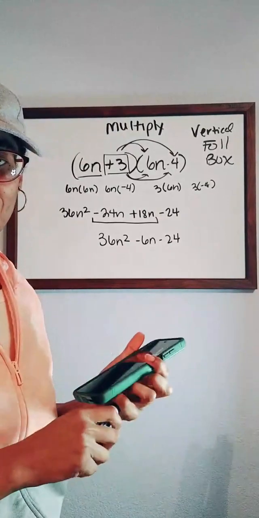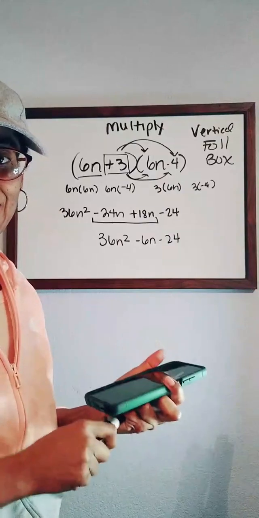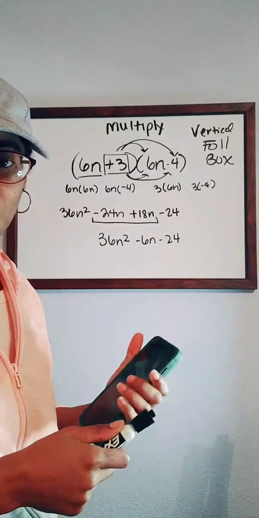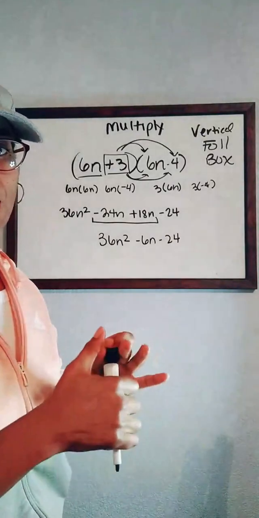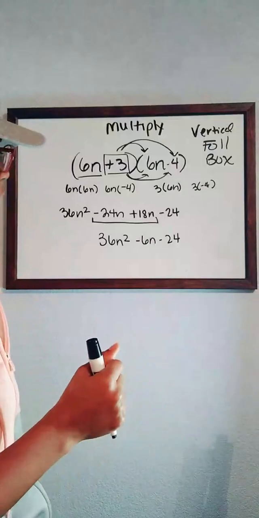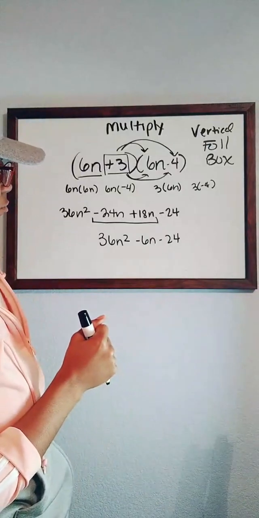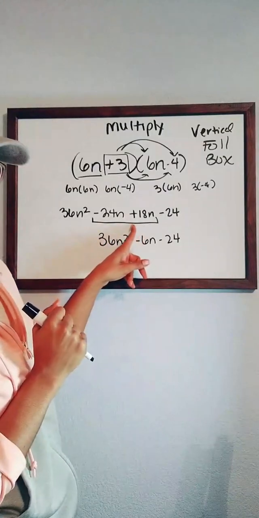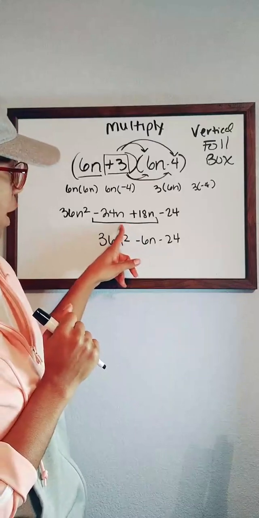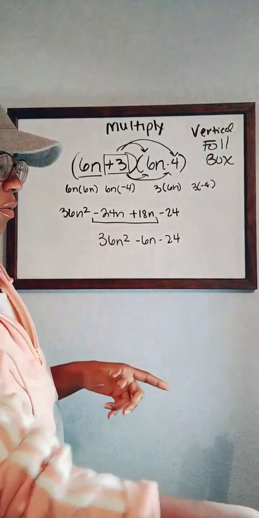What's up, everybody? Stephanie, did I mess up? You got a negative 12? What did I do? Did I add it wrong? Right here, we did negative 12.